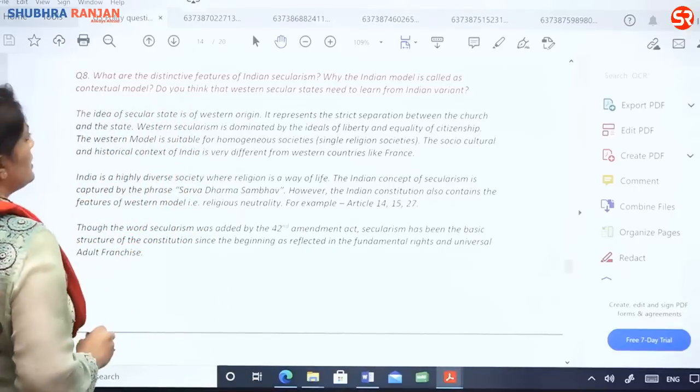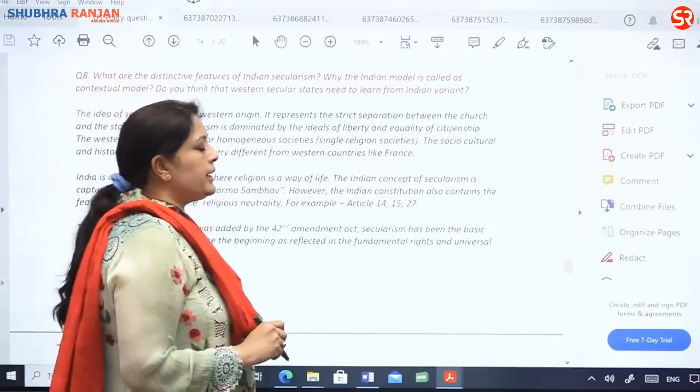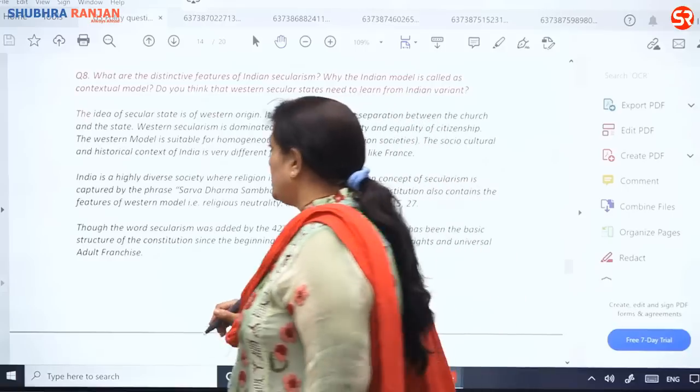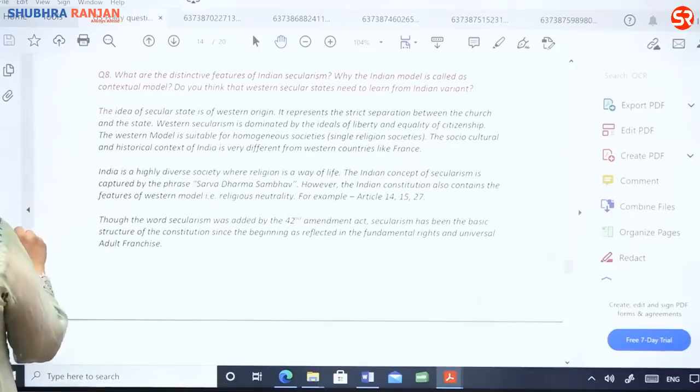Distinctive features, contextual model, and why the Indian model is called a contextual model. Repeatedly they are asking this question.